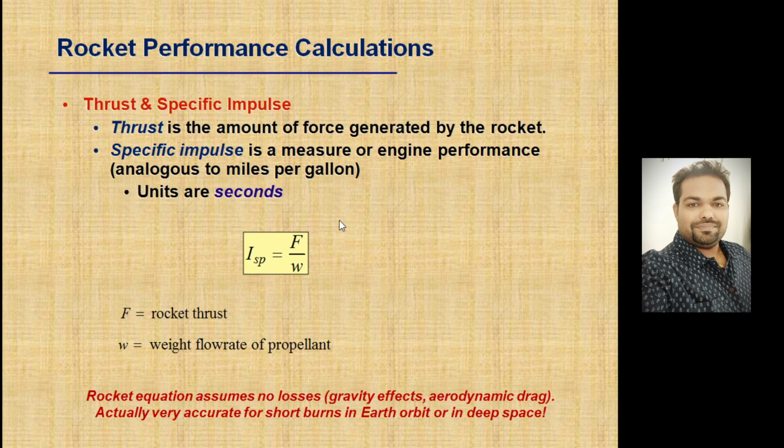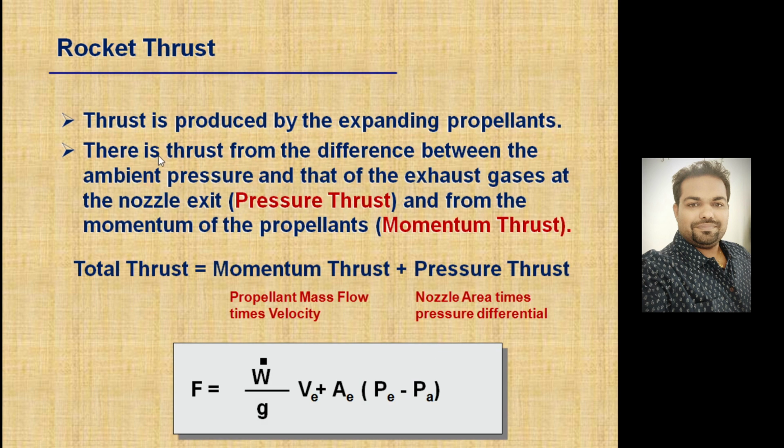When these equations are developed, we have assumed no losses due to gravity effect or aerodynamic drag. So whatever value you get from the mathematical equations will be accurate for a short burn in Earth orbit or in deep space. Now if we look at the thrust, as I said, high temperature gases are expelled through the nozzle. As a result of that, you get thrust.